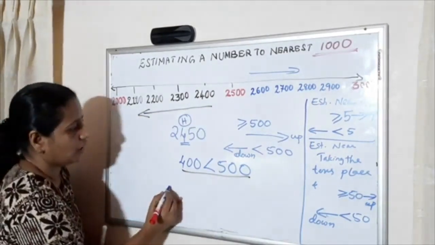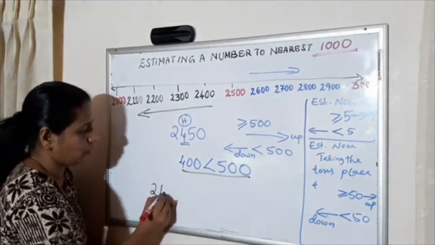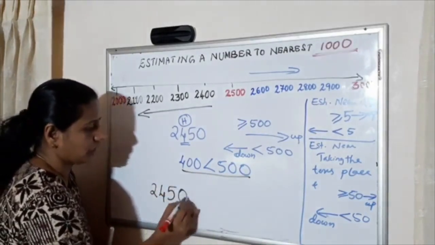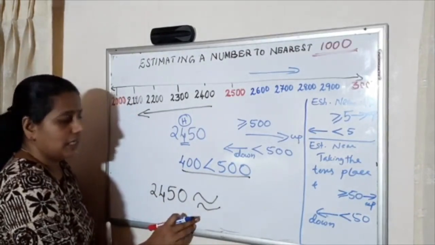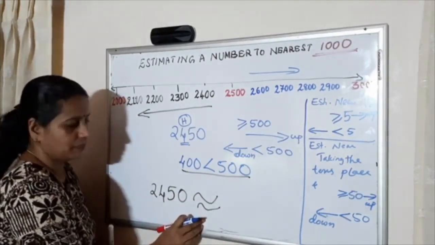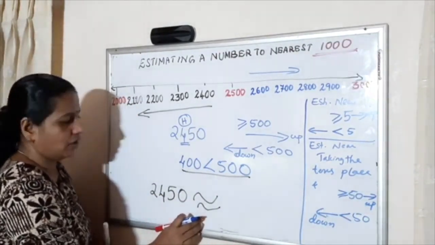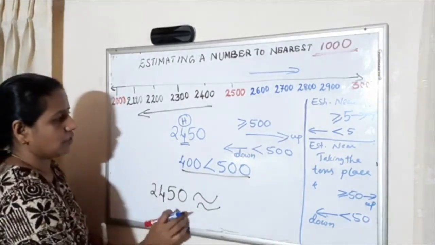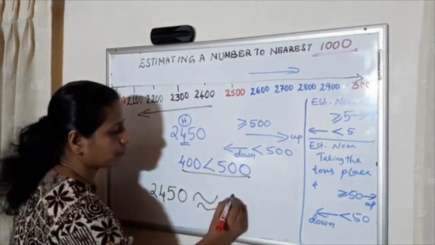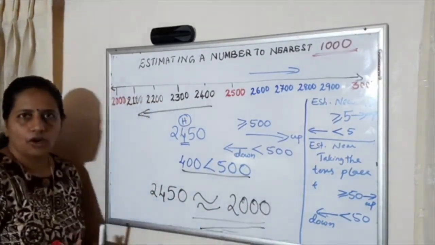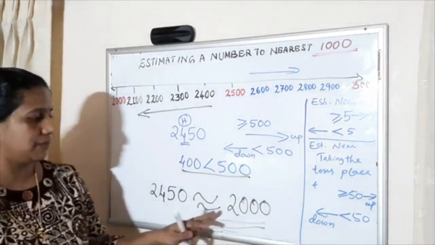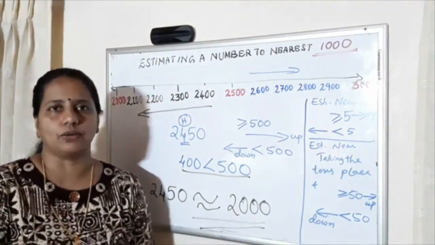So our estimated value of 2450, this is the symbol for estimating, is 2000.